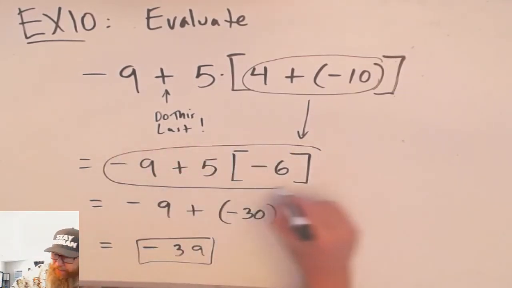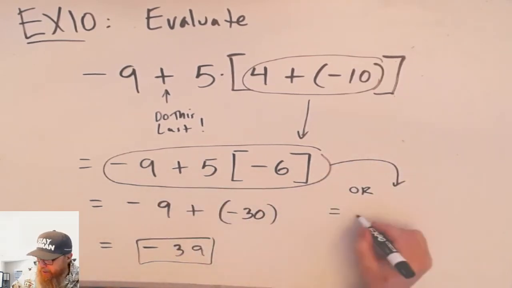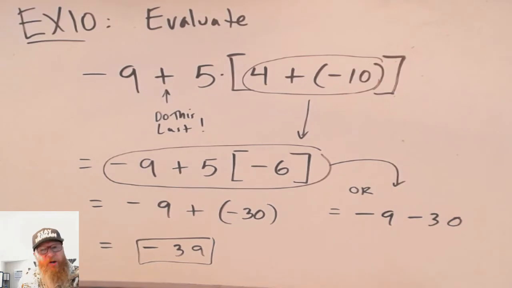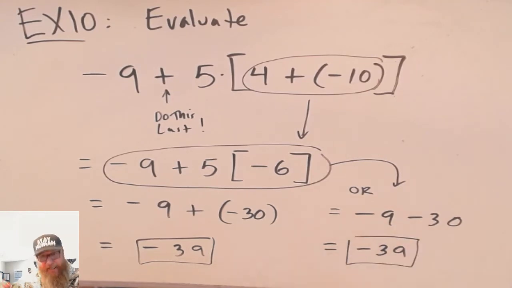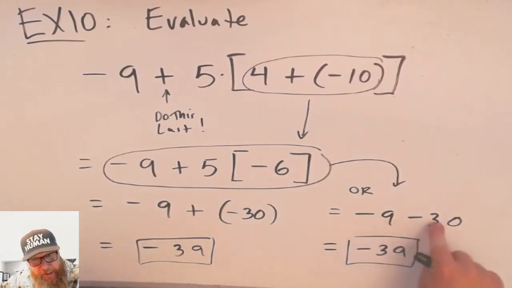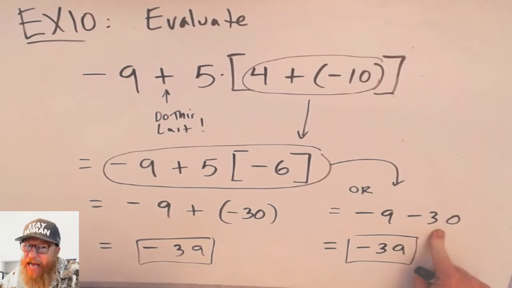Another way to have done this, if you wanted to not use parentheses, you could have gone -9 minus 30 with no parentheses. It's a little dangerous, but you should still get the right answer if you pull it off. Yeah, if you don't fall for the trap. One of the traps here is to go -9 minus 30 and then accidentally say -21.